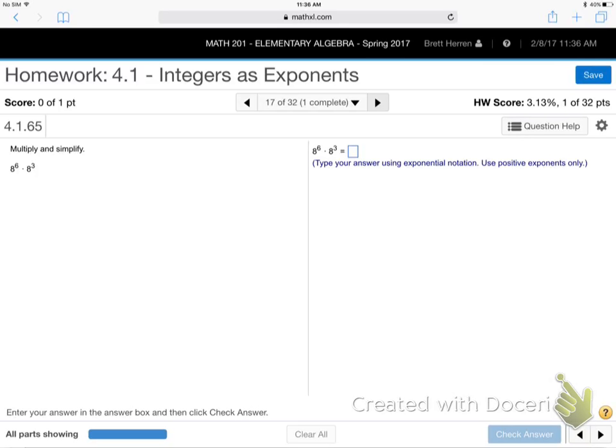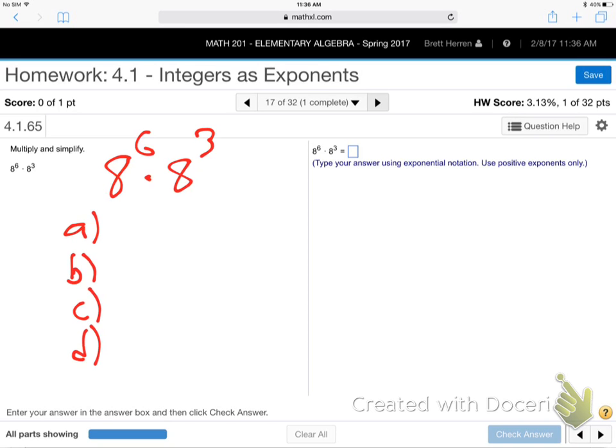All right, this probably a lot of you already know. 8 to the 6th times 8 to the 3rd. Hey, can we do multiple choice? We'll pretend it's a test. E's going to be none of the above, like it always is.